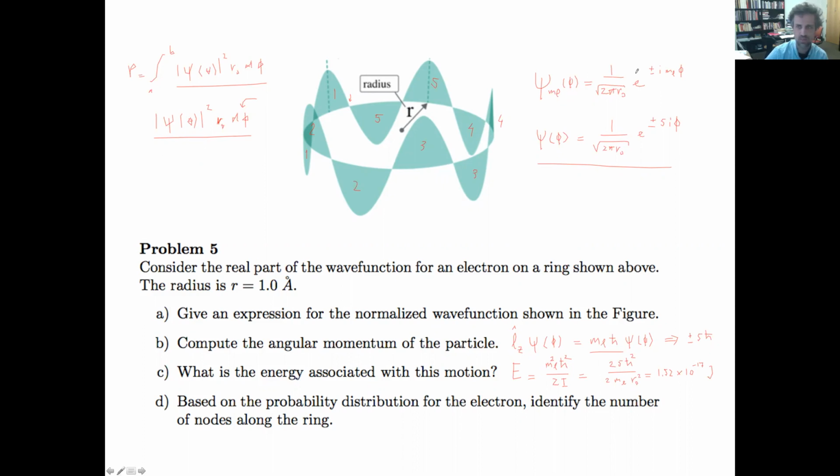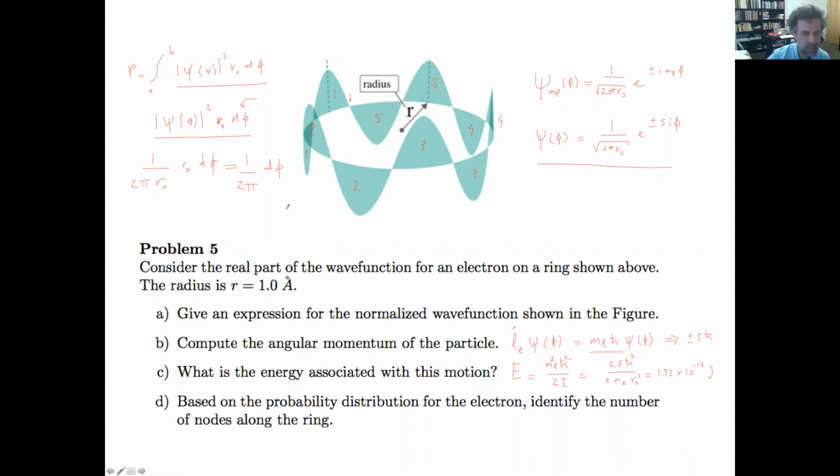So what am I getting? If you do the square modulus of this complex exponential, it is going to give me 1. And then this prefactor here will give me 1 over 2 pi r0, times r0 d phi. That is going to be 1 over 2 pi d phi, right?